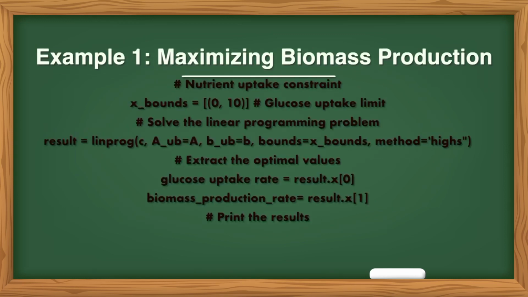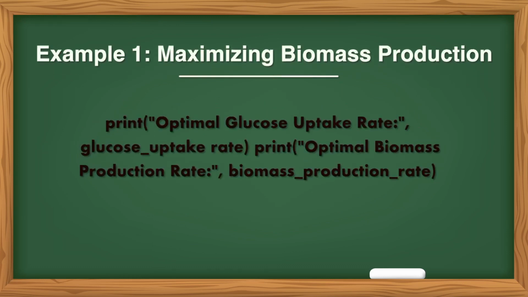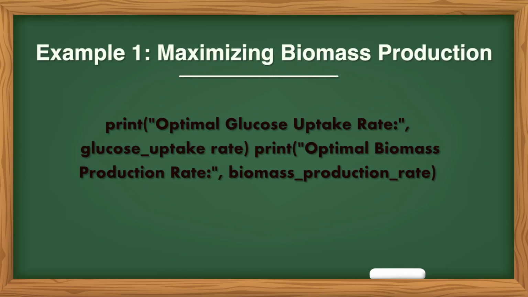So, what will be the different outcomes? What shall be the rate at which biomass production for this particular organism is maximized? What you can do is play around with this code, change the different levels of glucose or the different levels of available constraints, and you will see immediately that the values associated with the rates for maximum biomass production change.